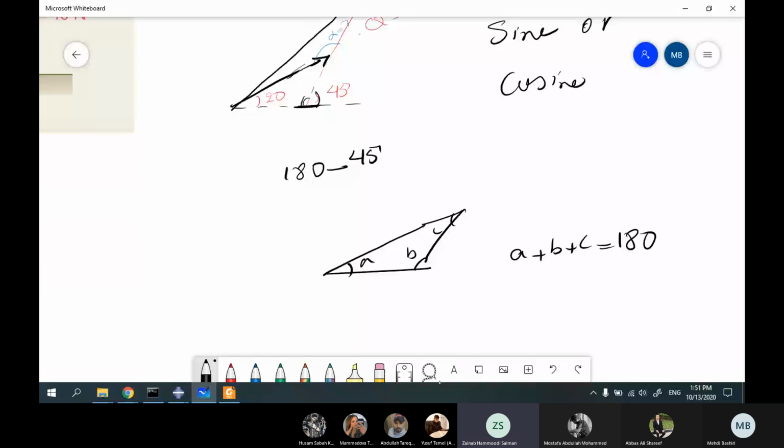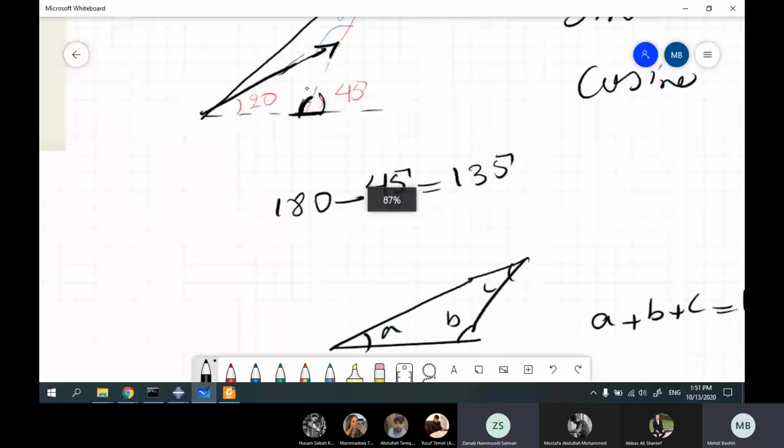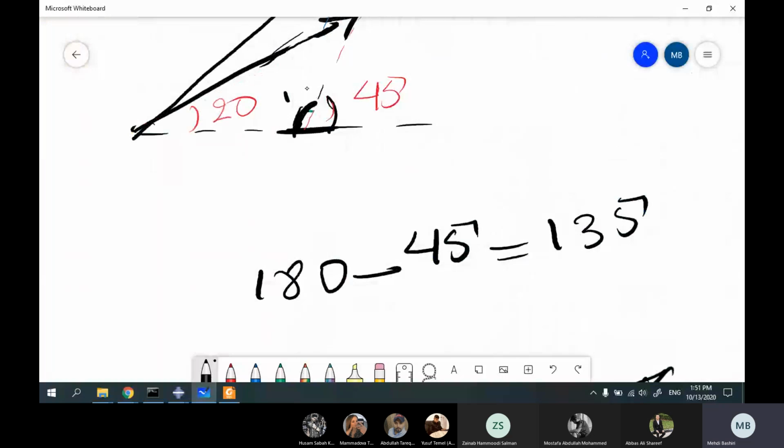What is the answer? 135. So this angle is 135. Okay, this angle is 20.